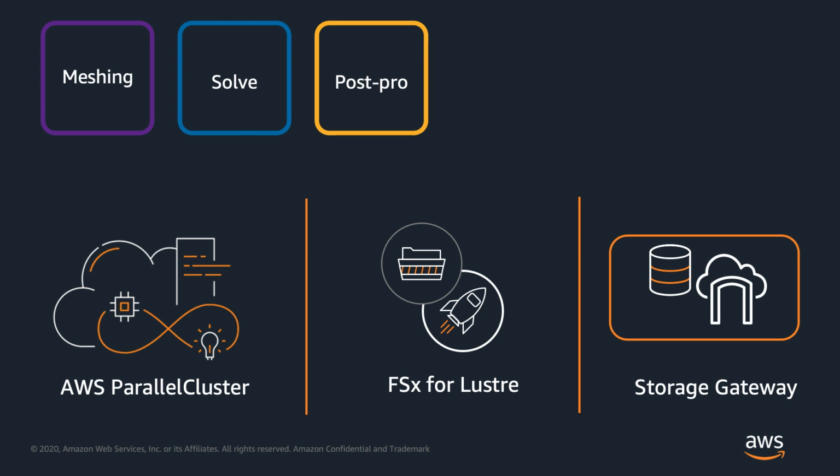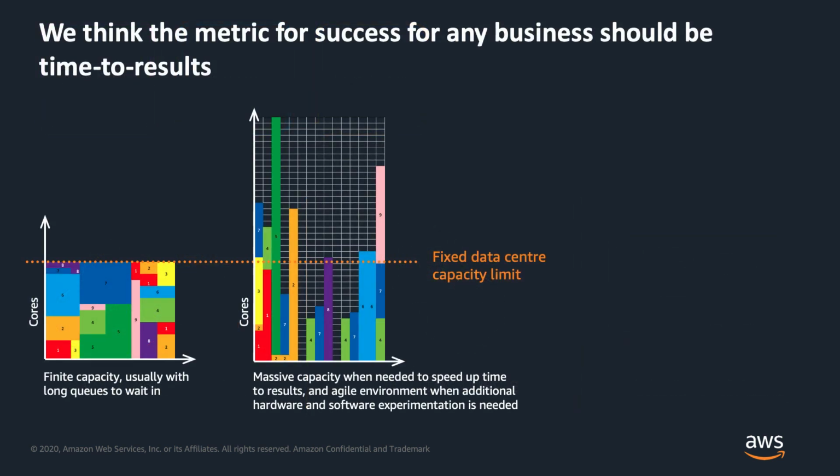The reason that HPC is a core part of this, and the real reason that AWS gives genuine value, is that many companies are having to essentially fit their workload around their hardware and not their hardware around their workload.